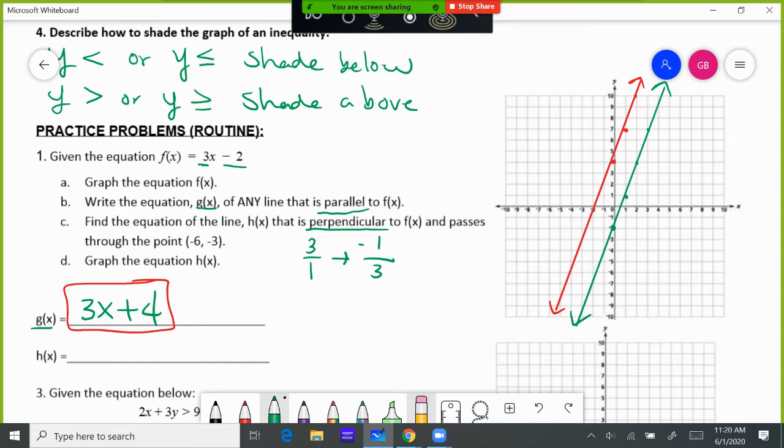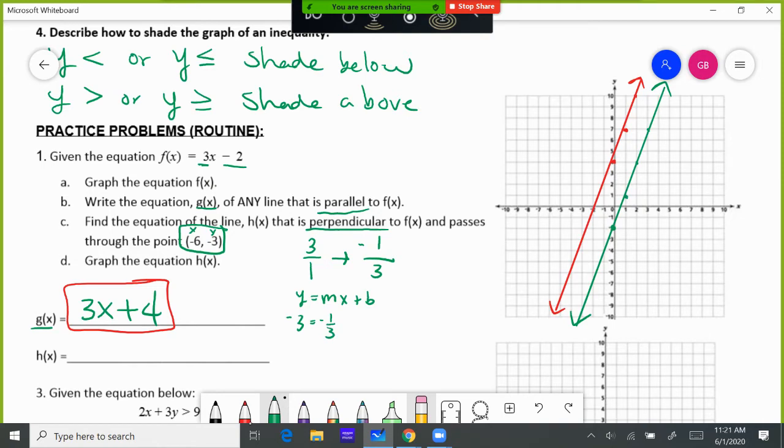Okay. And if it passes through the point (-6, -3), all we have to do now is find the y-intercept. The equation of the line is y equals mx plus b. The y value is -3. The slope is -1/3.